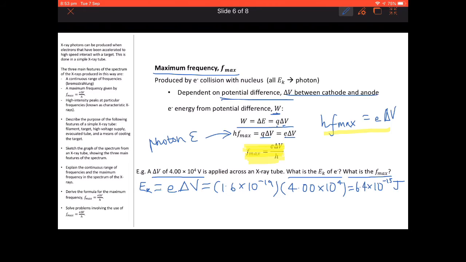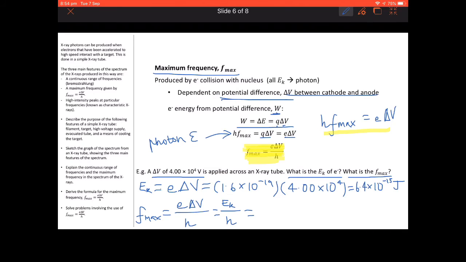Now we need to work out the maximum frequency. F_max is equal to the charge on an electron multiplied by the potential difference, divided by Planck's constant, and this incidentally is equal to the kinetic energy divided by Planck's constant.